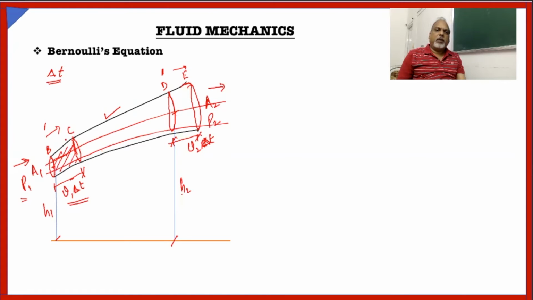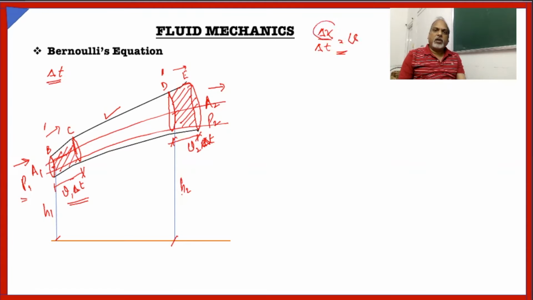Correct? Now the same amount of liquid will come out from D end, it will advance from D, and suppose here at D velocity is V2, then it will be V2 into delta T. Delta T is very small, so it will advance V2 into delta T distance, because we know that delta X upon delta T is basically velocity.